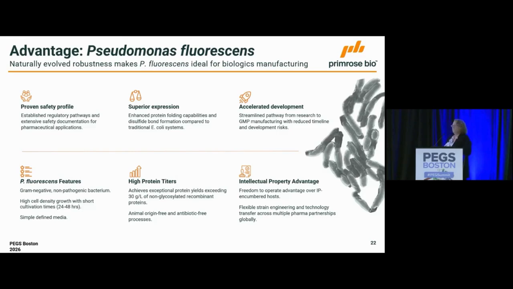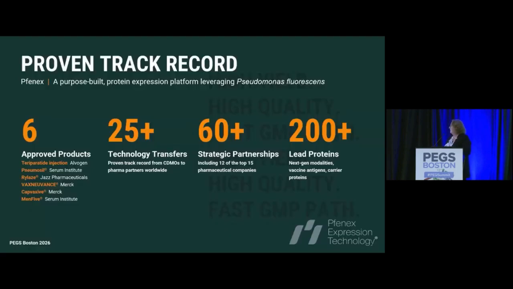The other advantage as we go into scale, and I haven't talked too much about our scale-up capabilities, but we do have a number of products that are on the market made using Pseudomonas fluorescens. And the other great advantage is that it gives a really low cost of goods with high titers, a really inexpensive mineral salts media, all animal origin free, antibiotic free.